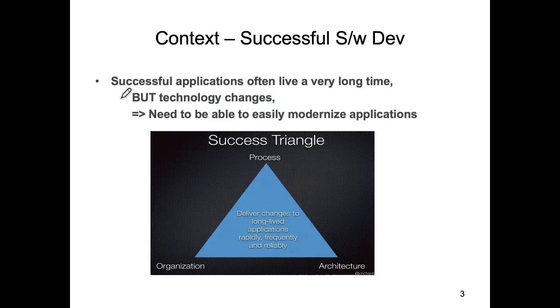And we'd like to be able to avail of the new technology changes, even in our long-running applications. We'd like to be able to adapt our long-running applications to avail of technology changes. And the technology changes may not have anything to do with adding new functionality. It's just having a better platform that our application runs on.